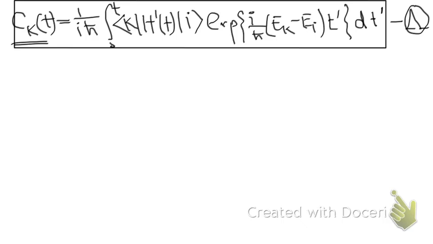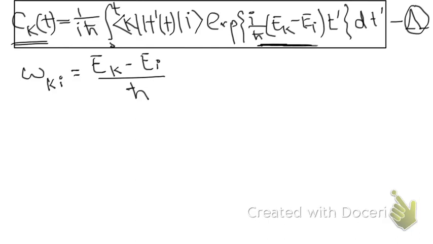The Bohr frequency is omega ki, which is equal to, because it's going from I to k, so this is like a transition, Ek minus Ei over h bar. You can see it in this thing over here.